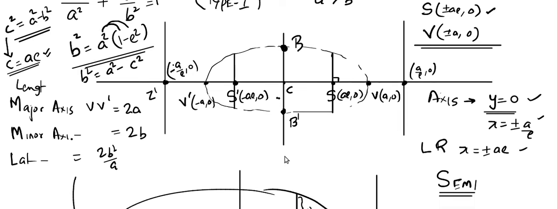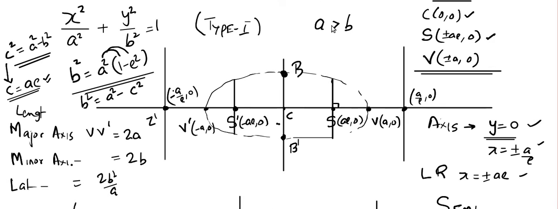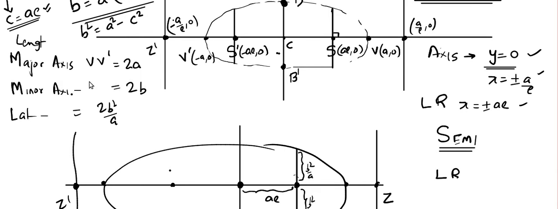Okay, let's go for the basic problems. And remember, basic problems are the same problems which you learned in class 12 or maybe in class 11. The question goes like this. Find, let's say, everything. By everything, what I mean is, I'm a little bit lazy to write all those things: center, focus, vertex, axis, latus rectum, major axis, minor axis, etc. So the question goes like this.